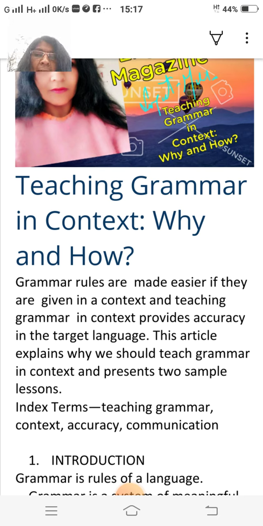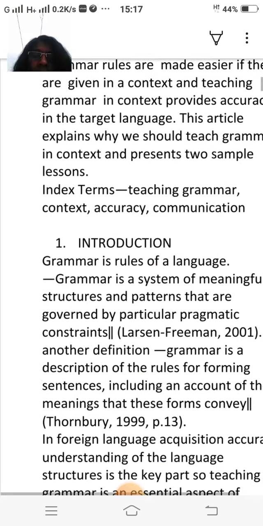This article explains why we should teach grammar in context and presents two sample lessons. Index terms: teaching grammar, context, accuracy, communication.